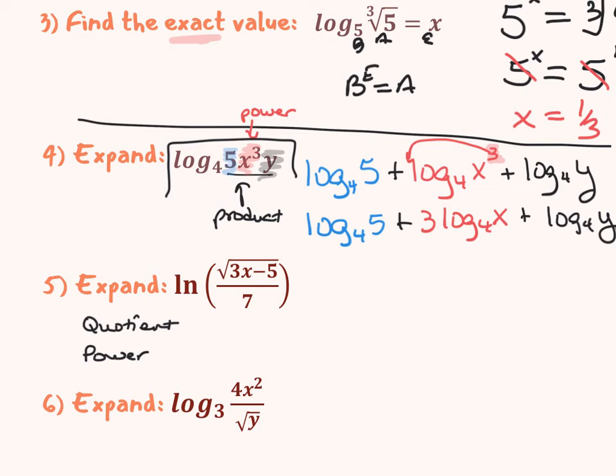First, I'm just going to deal with the quotient. I'm going to do the ln of the square root of 3x minus 5. Because it's a quotient, I subtract the denominator from the numerator. And then now I'm going to turn that square root into a fraction exponent.